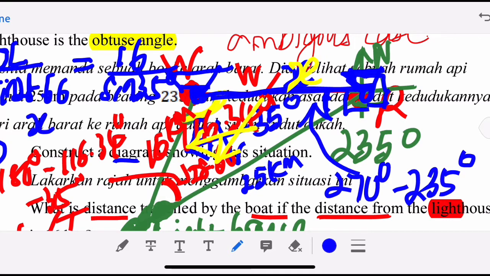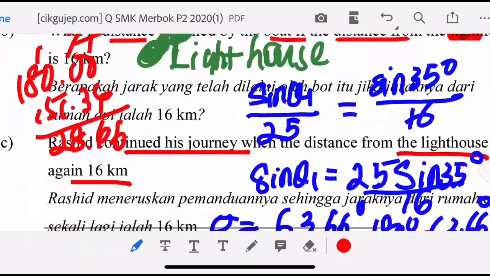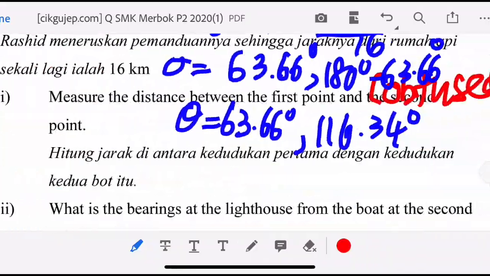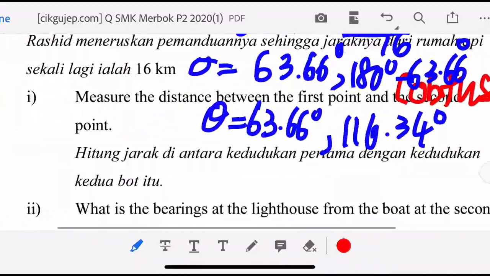Then you will get your answer for x, which is 13.38 kilometer, right? Alright, settled, you found your x, which is 13.38 kilometer. So we have solved for x, the distance.